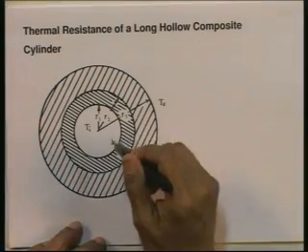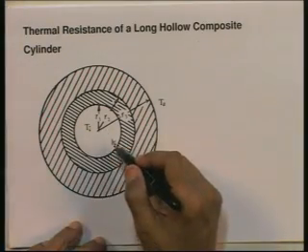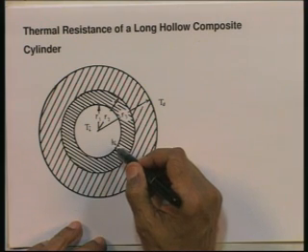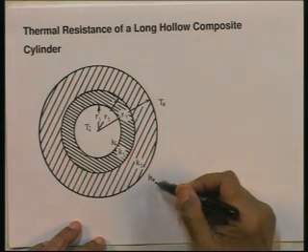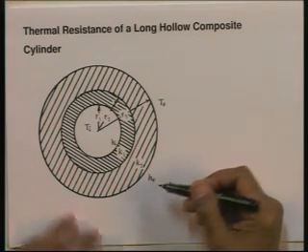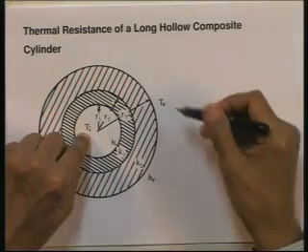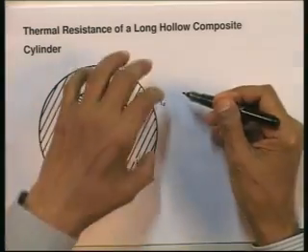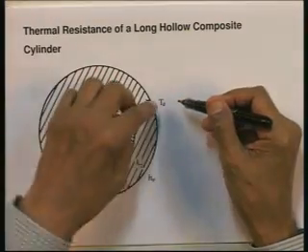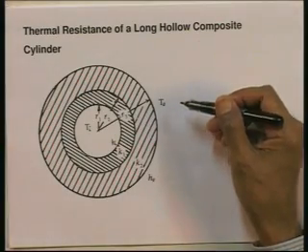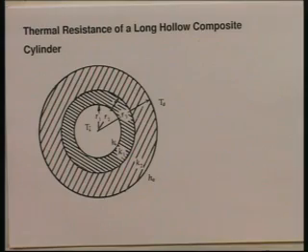At the inner surface there is a heat transfer coefficient H I, at the outer surface there is a heat transfer coefficient H O. The fluid inside the tube is at a temperature T I, and on the outside the fluid which is in contact with this surface is at a temperature T O. So, for this case we have 4 thermal resistances.